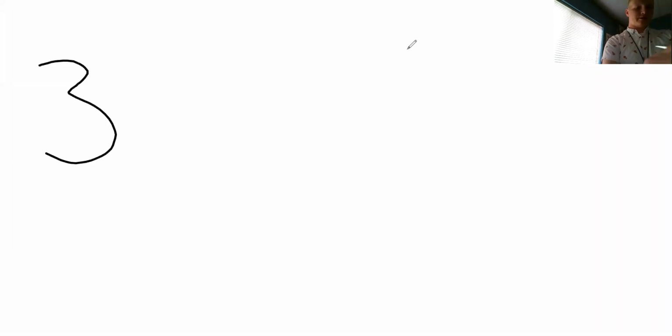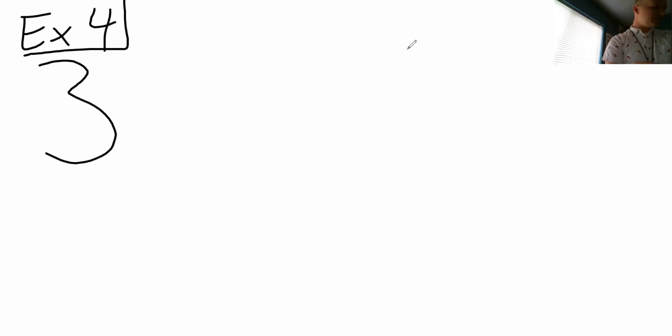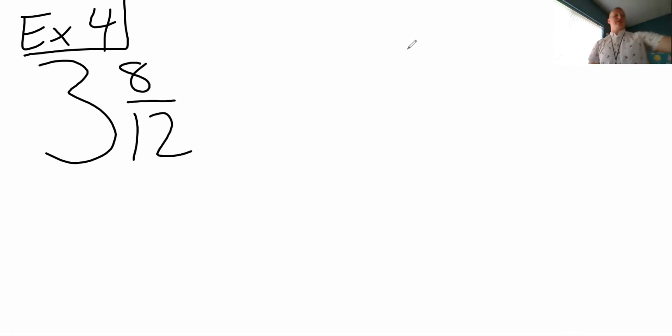All right, so let's try and reduce. Example 4, we're going to reduce 3 and 8/12 to lowest terms. Courtney, can you reduce this to its lowest term? You can leave it as a mixed number, so it'd be 3 and some fraction.